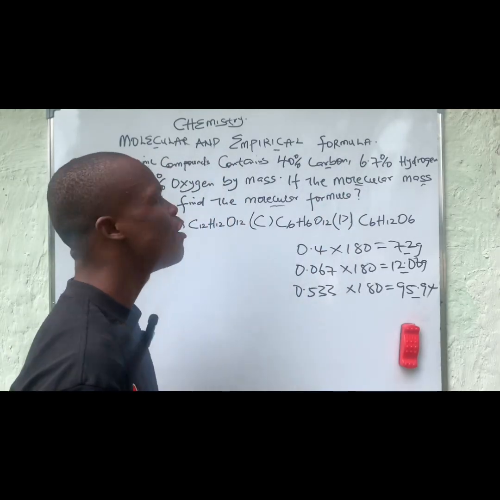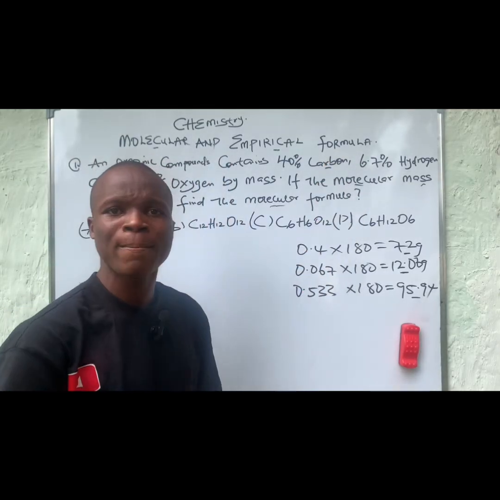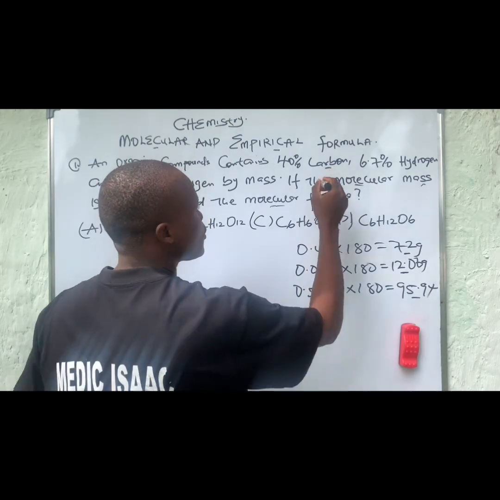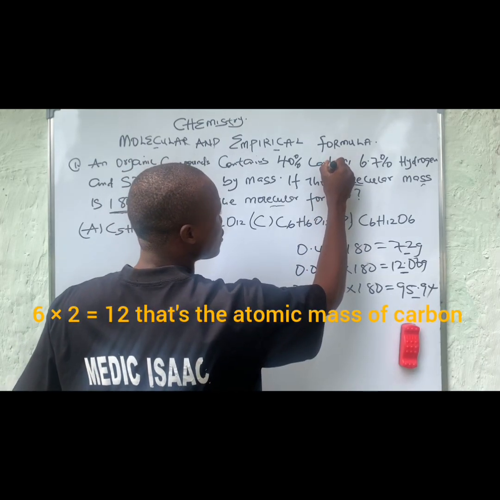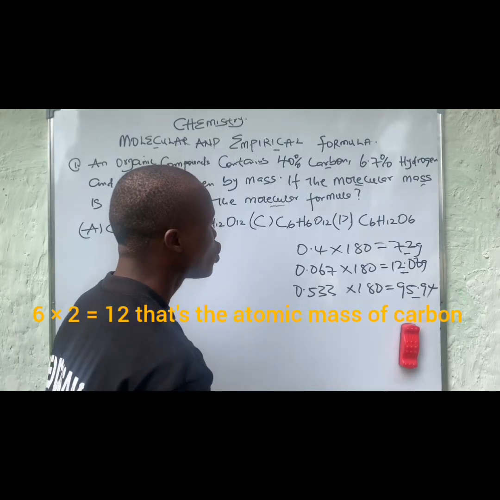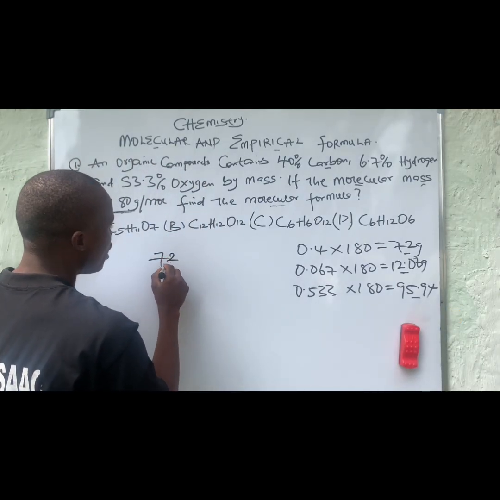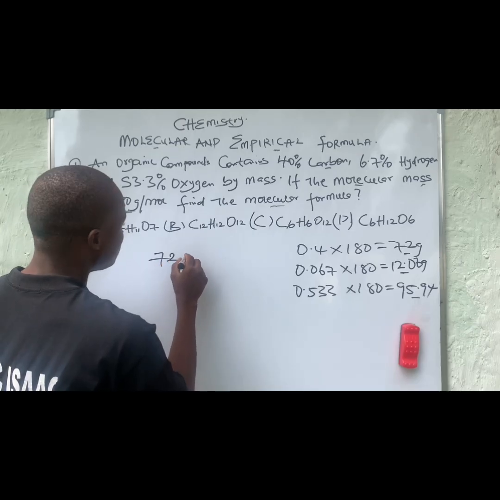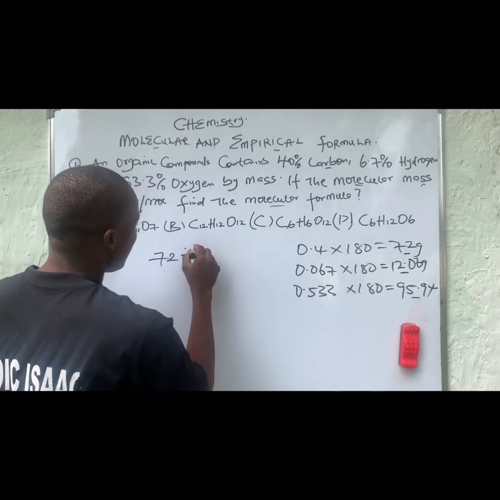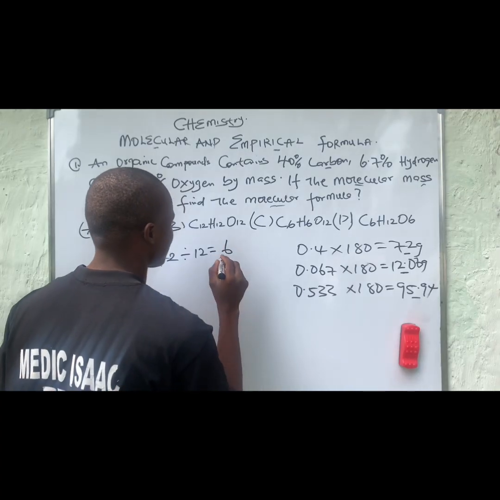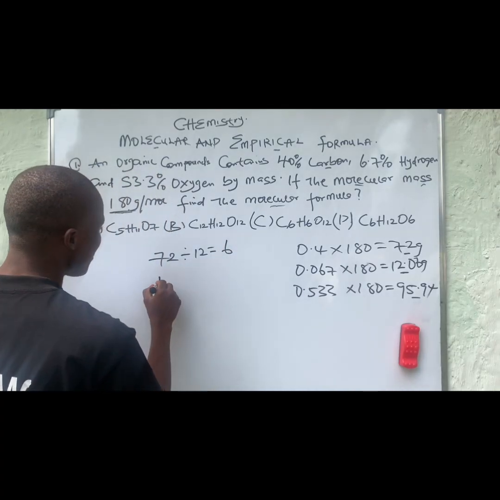The atomic number of carbon is 6, and the atomic mass is 12. So 72 divided by 12 will give us 6. Do you understand?